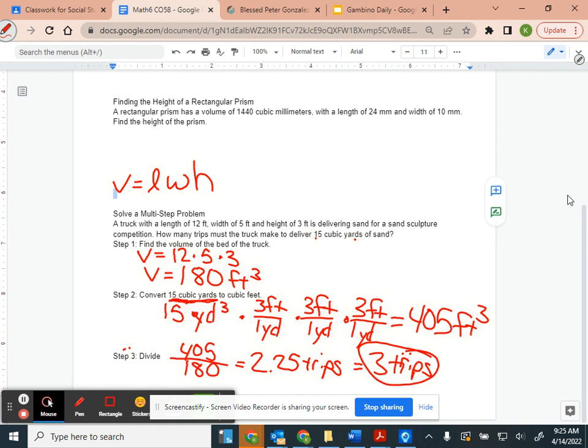Well, then you're missing some. If you only did 2 trips, you wouldn't have a full 405 feet of sand. So if you only did 2 trips, it wouldn't be enough. So you're not going to do a full load on that 3rd trip. You'll just do a little bit of it.